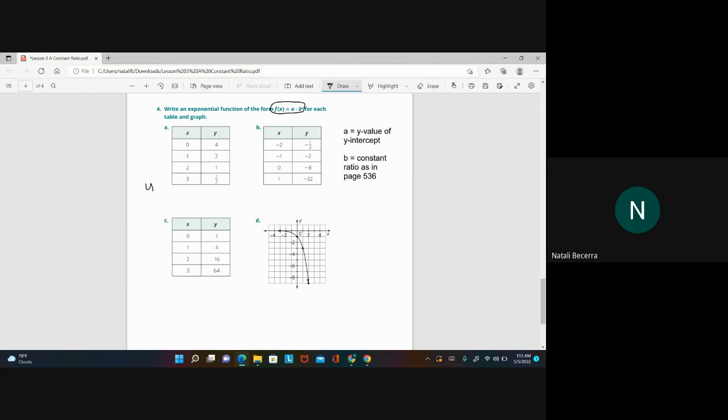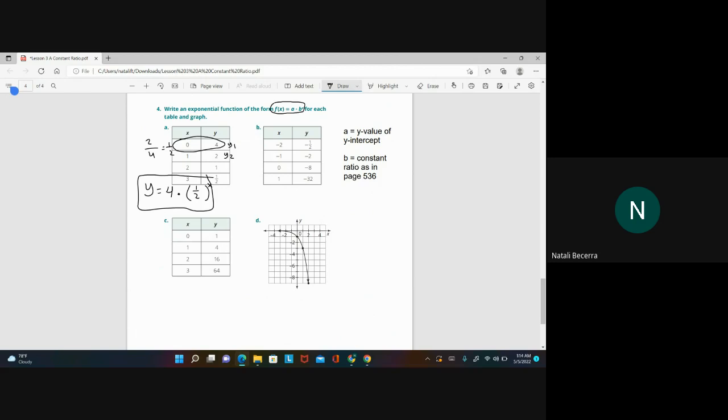So here, this is my y-intercept. Remember, y-intercept is when x equals 0. So it's going to be 4 times, to find the constant ratio, I do y2 divided by y1. So 2 divided by 4, that gives me 1/2. So it's 1/2 right here to the power of x. So this is my equation.